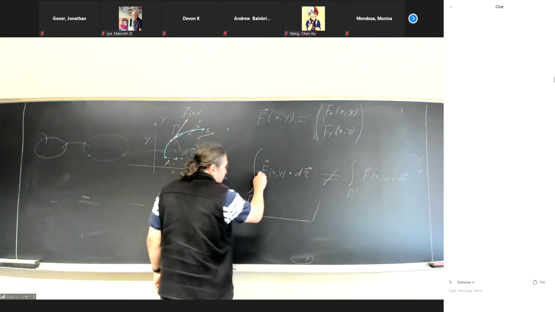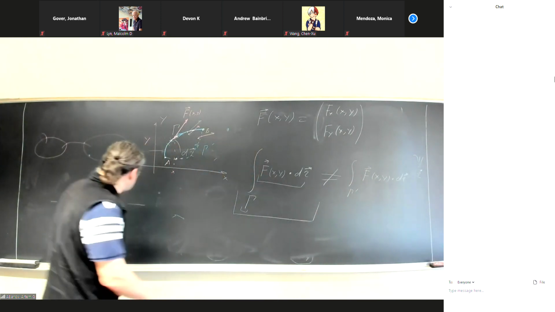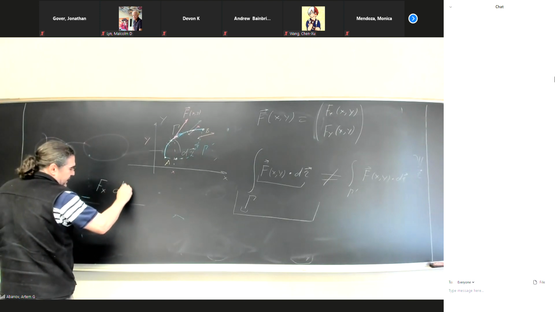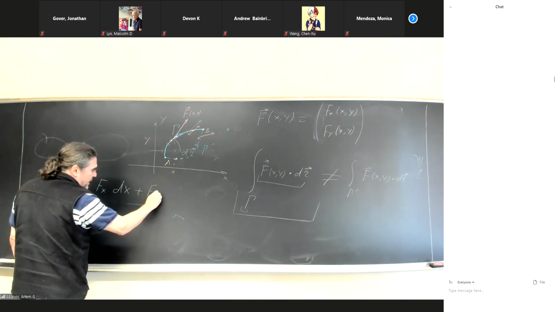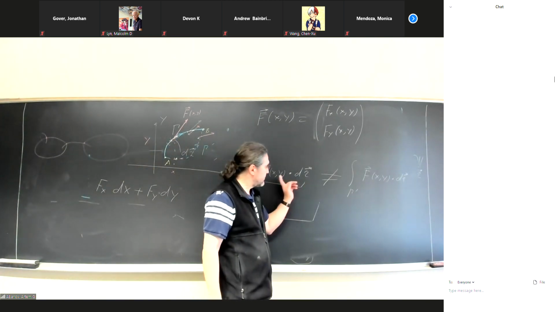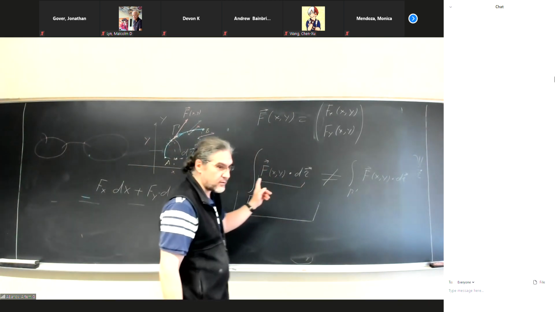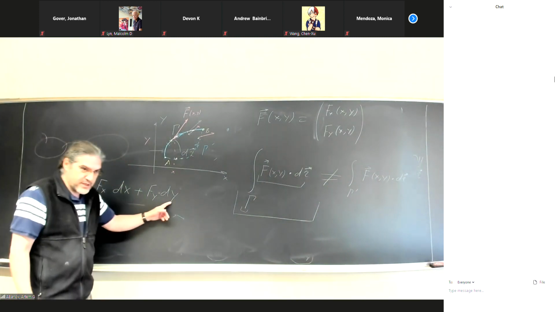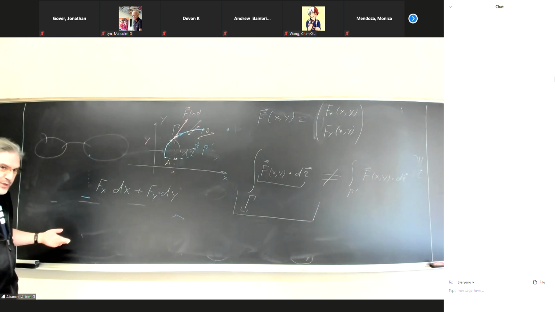And this is the following. Let's write this one in components. What I have is fx dx plus fy dy. That's exactly the product of two vectors. And now you can recognize that's one form which we discussed before.